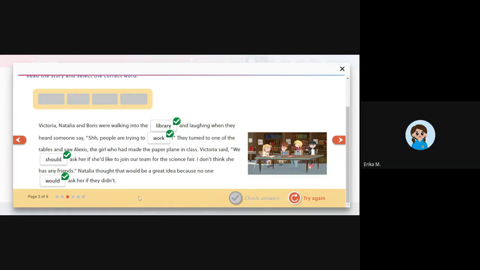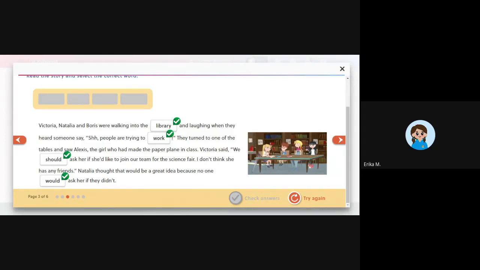Victoria, Natalia, and Boris were walking into the library and laughing when they heard someone say, "Shh, people are trying to work." They turned to one of the tables and saw Alexis, the girl who had made the paper plane in class.